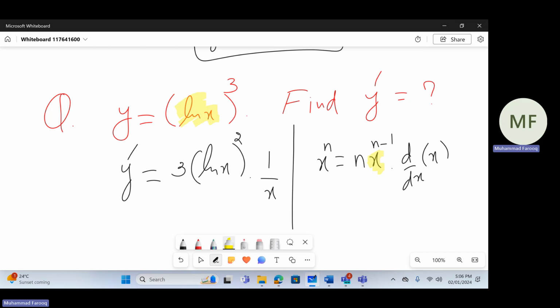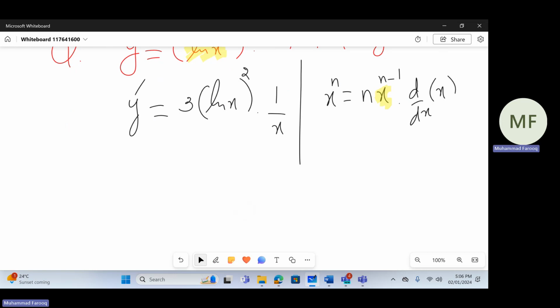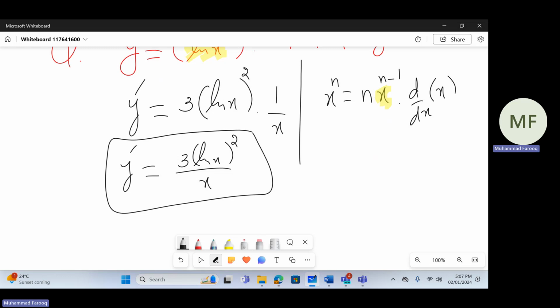What is the derivative of ln(x)? 1 over x. So it becomes 3 ln(x) power 2 divided by x. That is the answer of this question. I hope you understand. Is it clear?